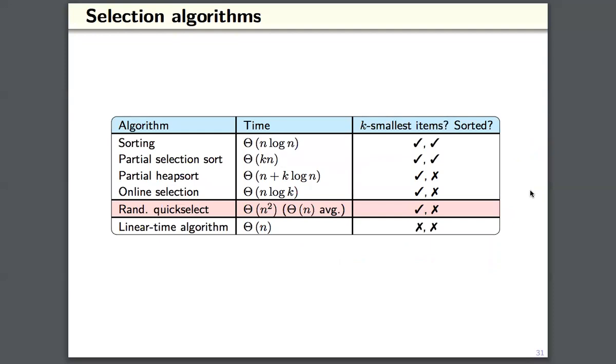Now let's look at randomized quick select. So think about this. Till now, we have been in the world of deterministic algorithms, right? We never looked at any probabilistic algorithm. So what is deterministic? That means the fate is already decided.